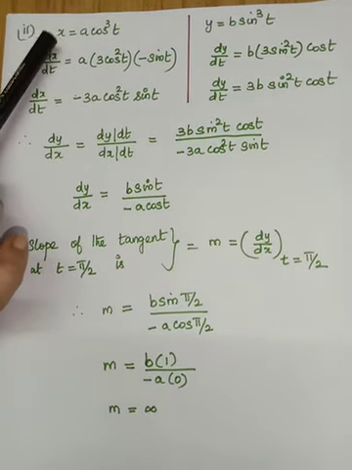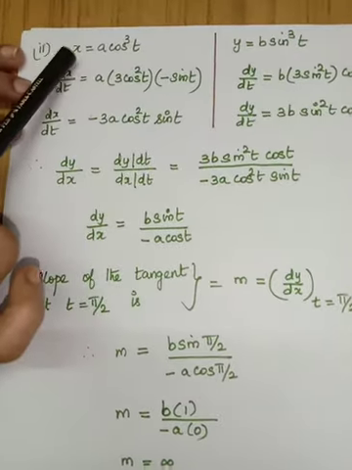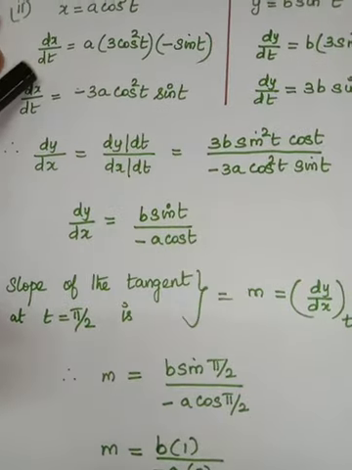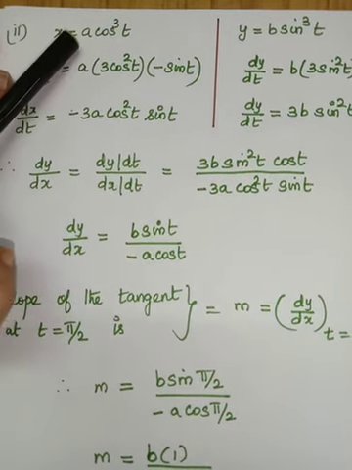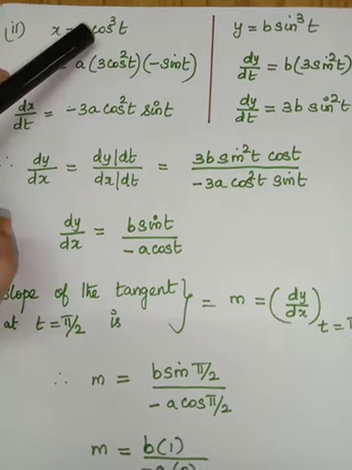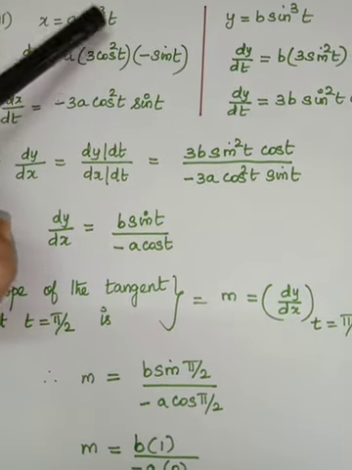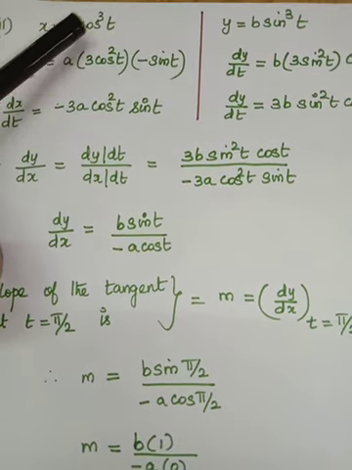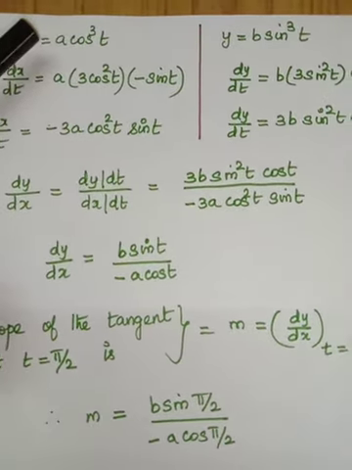Take the first term, x = a cos^3 t. You are going to differentiate x with respect to t first, so dx/dt. Here a is a constant. You are going to use the chain rule in differentiation. So cos t has to be taken as the variable x, so it is in the form of x^3. How to differentiate x^3?